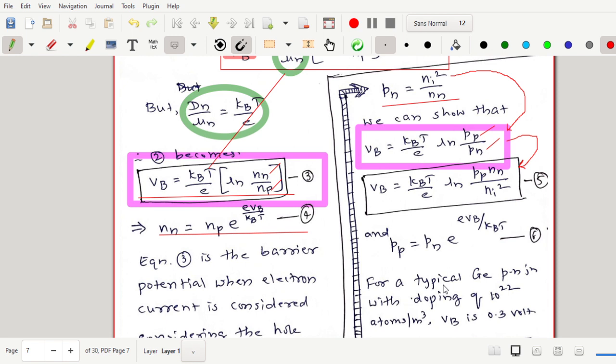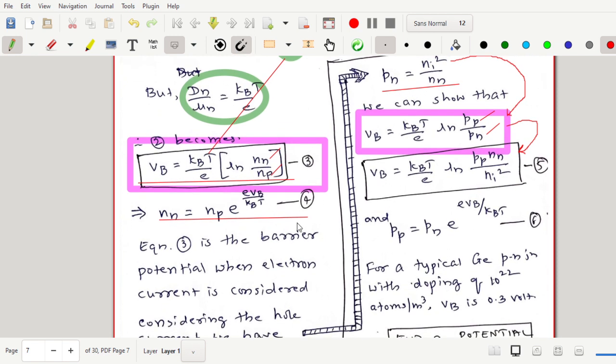We also know that, like how we have written equation number 4 by using some logarithmic algebra, in the same way we can write Pp is equal to Pn e to the power of eVB by kBT.